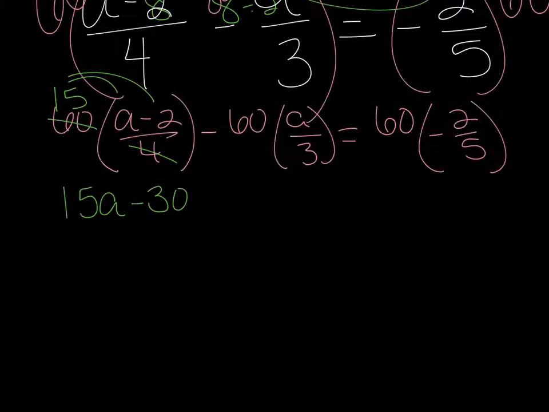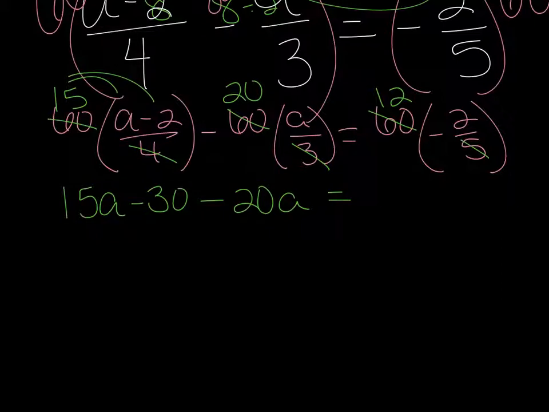For my second term, I can divide out the 3, and the 60 turns into a 20, and I have minus 20a. And on the right-hand side, I can divide out a 5, and my 60 turns into a 12, and 12 times negative 2 gives me negative 24. Okay, and if we go through to simplify this one, simplify the left-hand side first.